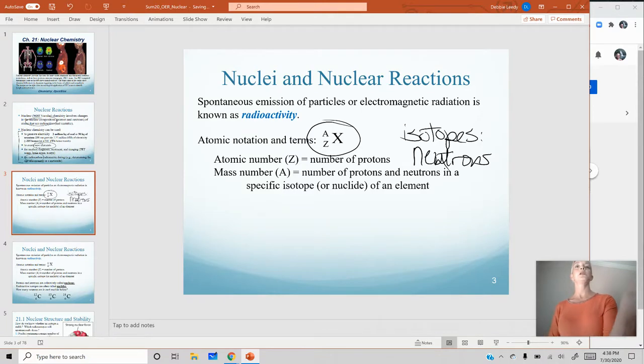So we use this atomic notation where the letter Z, the one that's on the bottom left, represents the atomic number, and that is the number of protons. So that's what identifies an element.